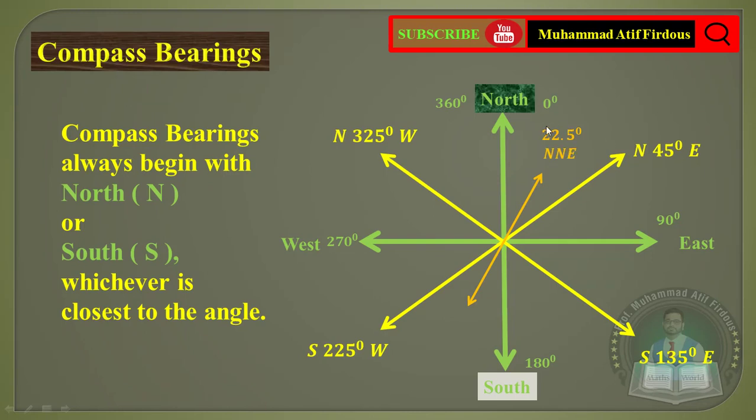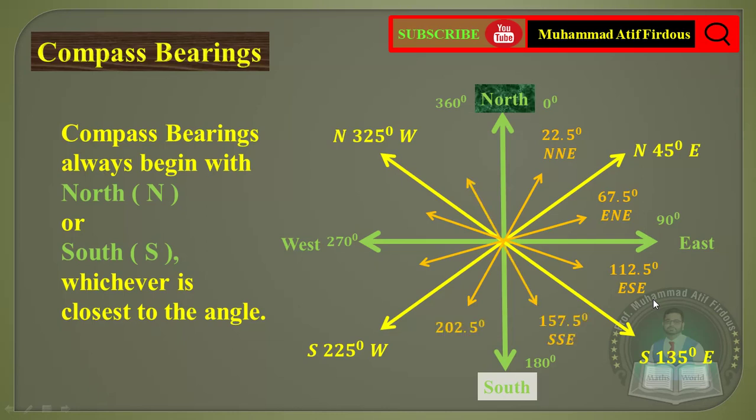So you can say that 22.5 degree is north northeast, or just add 22.5 to 45 degree, you have 67.5 degree, and then 112.5 degree, and you can say that 157.5 degree, 202.5 degree, 247.5 degree, 292.5 degree, and lastly 337.5 degree.